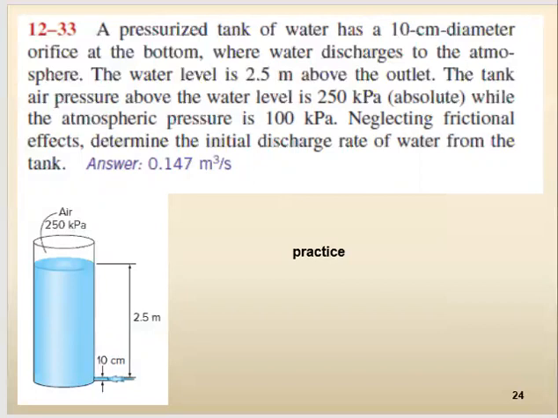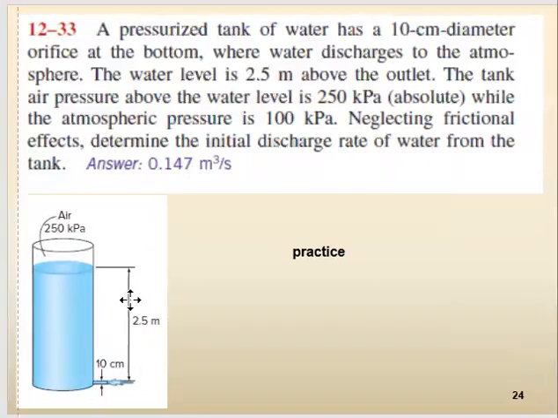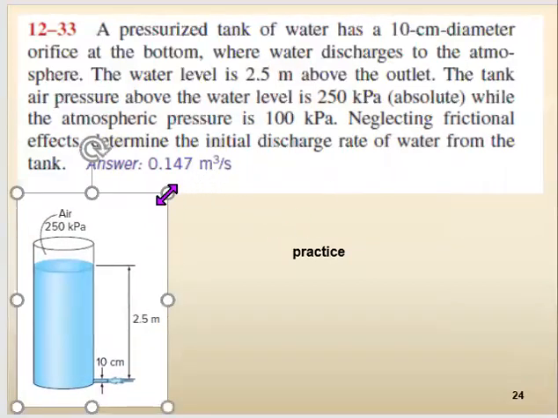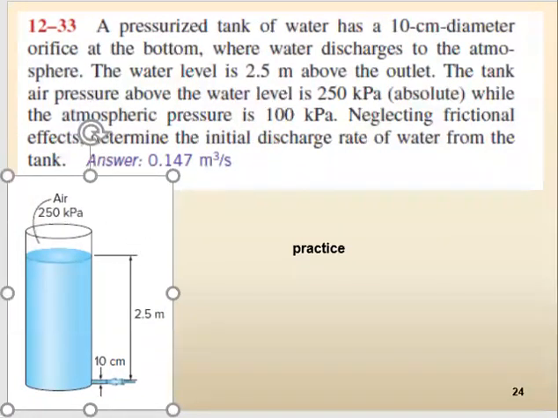So here we assume that the orifice has a smooth entrance, and thus the frictional loss is insignificant. So let me zoom in on this picture a little bit, as much as the space allows me.